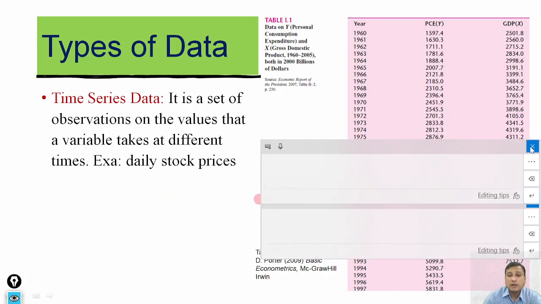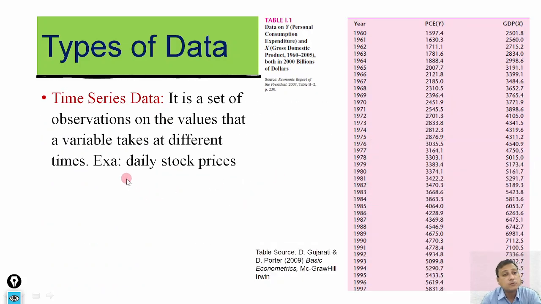Another type of the data is time series data. What is time series data? It is a set of observations on the values that a variable takes at different times. For example, daily stock price. Suppose here is one chart. You can see here is the year. There are different years mentioned here.